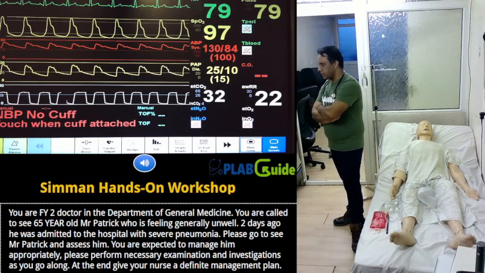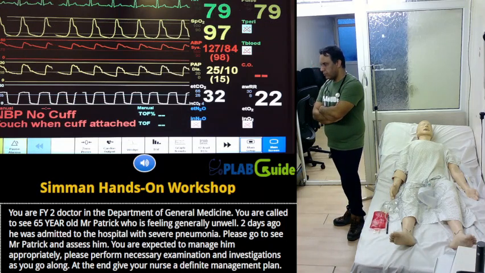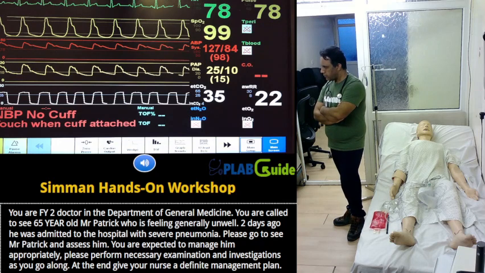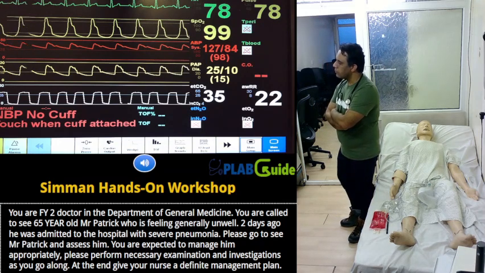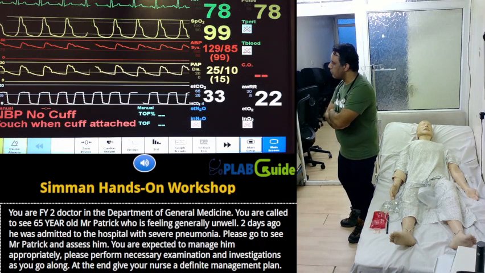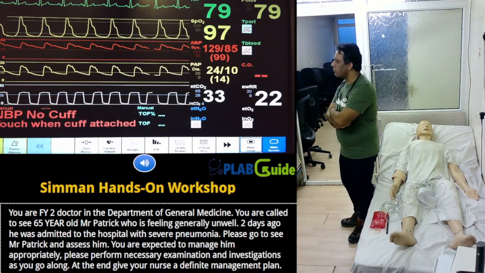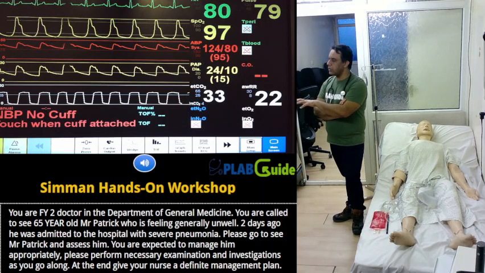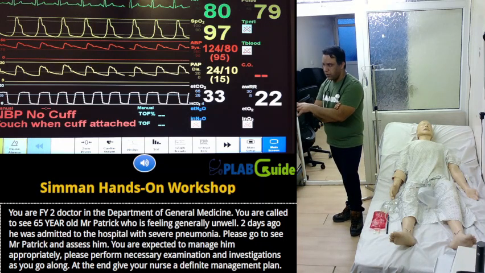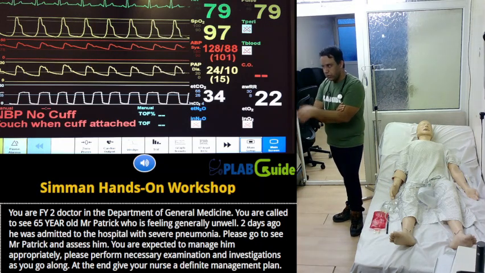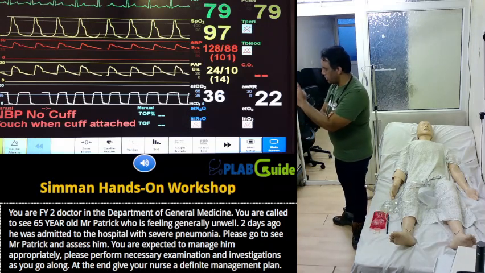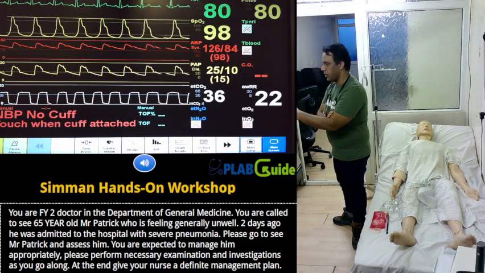Why would you miss the examination? Normally we are checking respiratory examination in B and cardiovascular in C, so sometimes we can miss the abdominal examination. No, in C, abdomen is not part of your A to E. First of all, yes, we do the abdominal examination to feel the aorta.